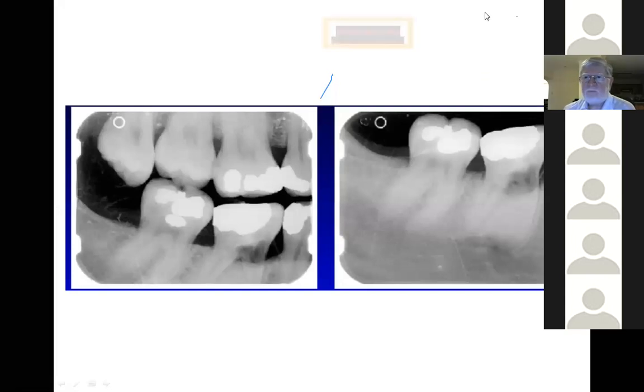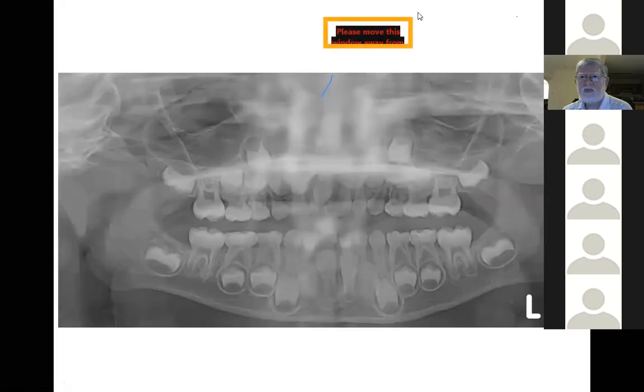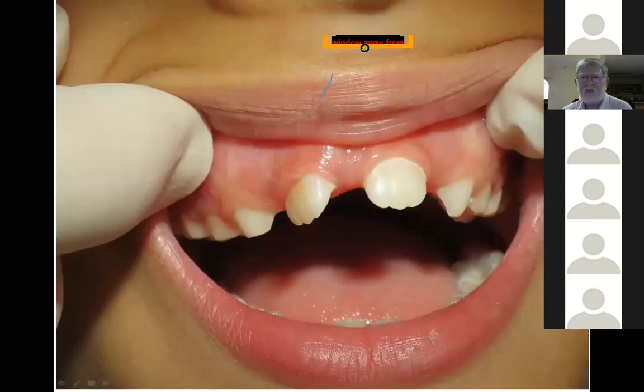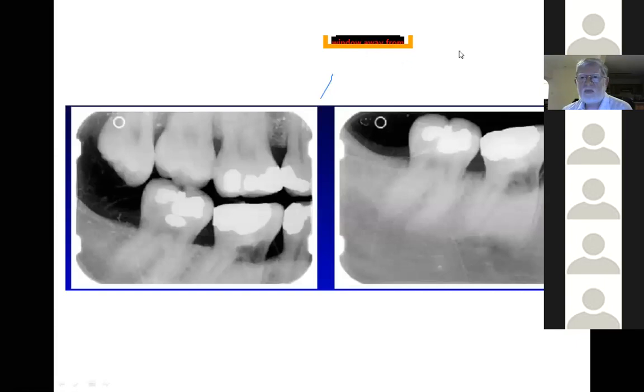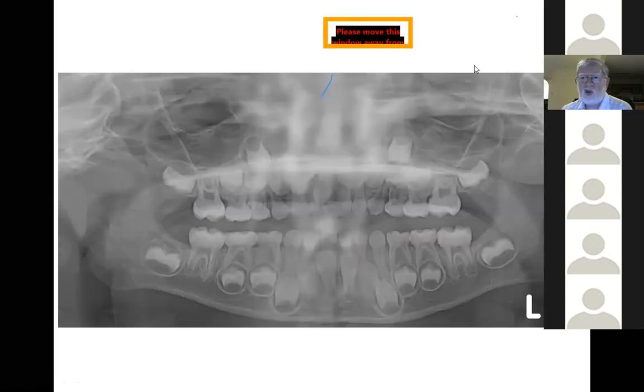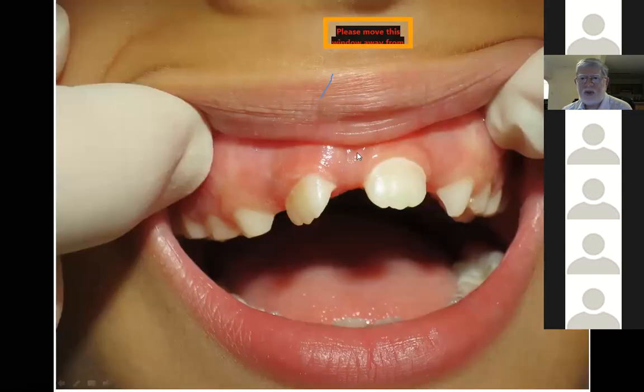Okay, prognosis for this tooth there, anyone? I think everyone's agreeing with not great or hopeless at the moment. Okay, fine.